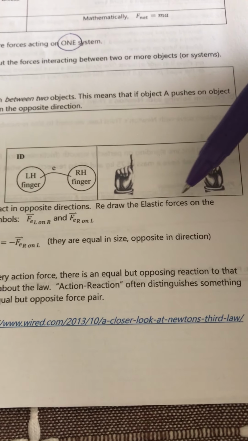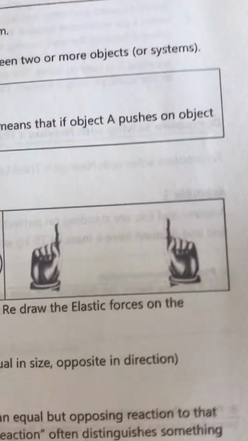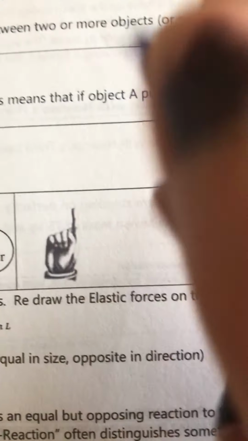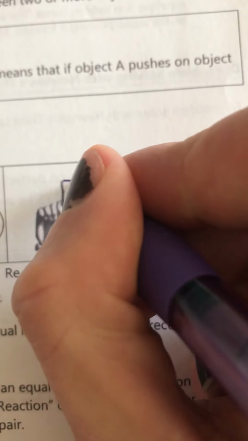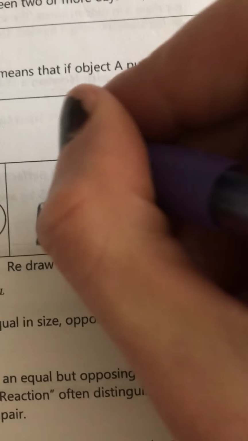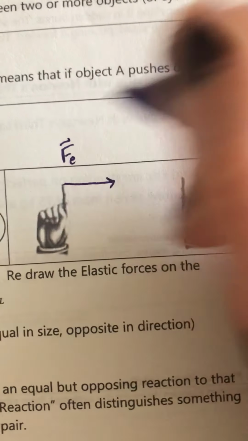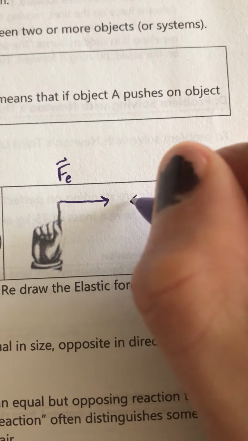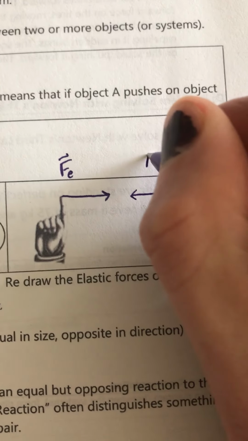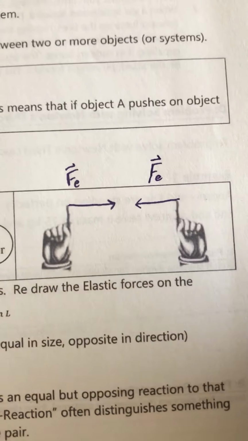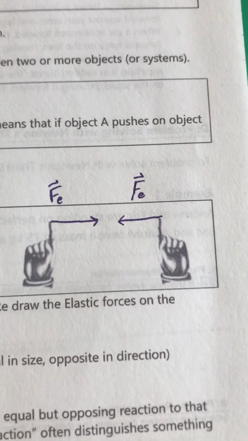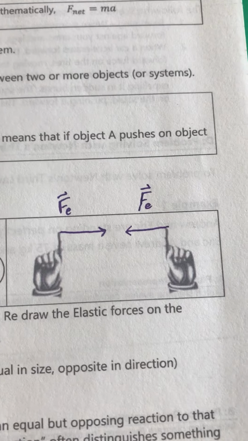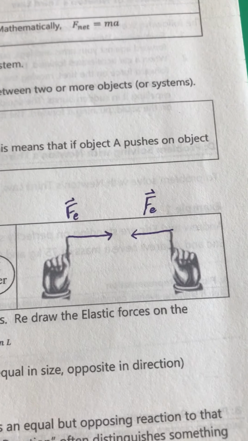We're going to redraw those two elastic forces on this picture and show what that means. This finger experienced an elastic force to the right, and this finger experienced that elastic force to the left, but it's the same force. It's an elastic force.